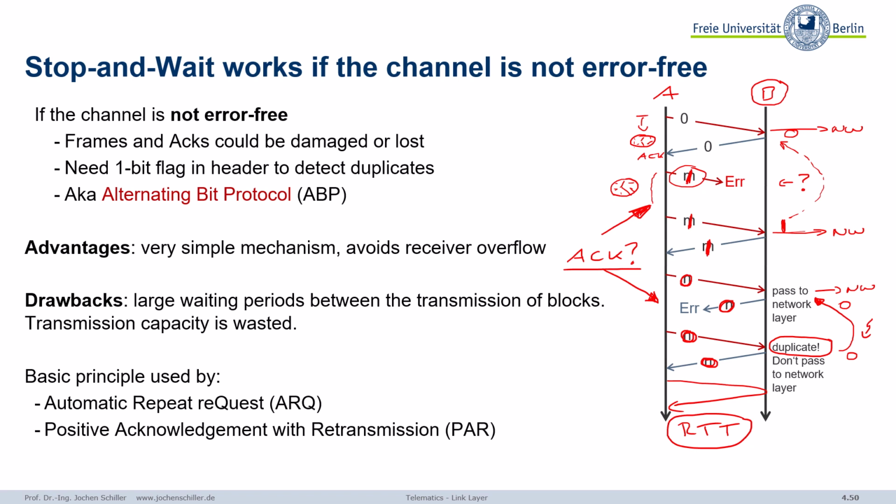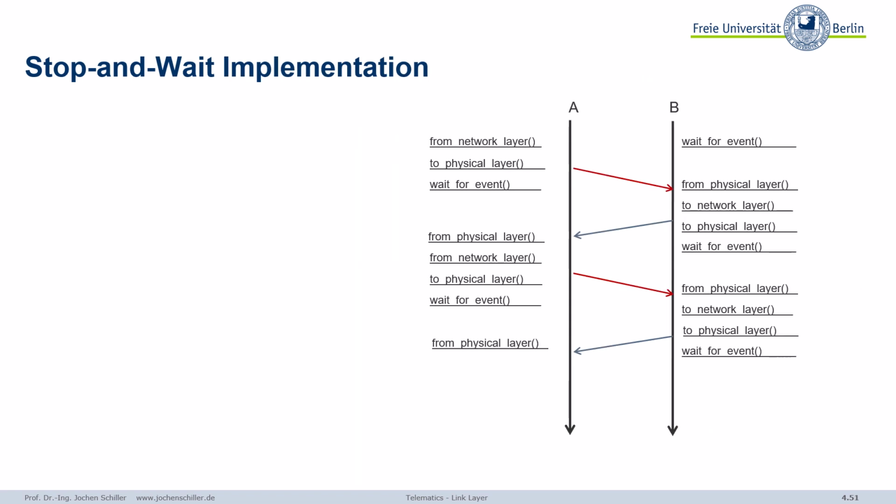Because you have a timeout. If you do not receive an acknowledgement within time, you repeat the packet, no matter if the packet or the acknowledgement is lost. So it's automatically repeated. That's a very basic principle, ARQ, we will see this many times. Okay, we can implement this, and it's a very, very simple protocol.